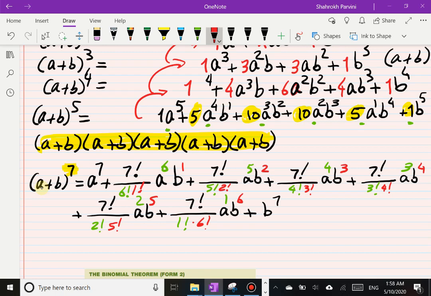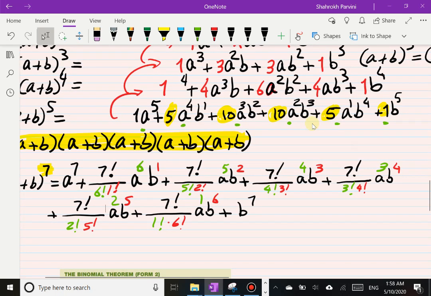Now here's another thing that we observe, going back to a plus b to the 5th. If you look at this expression, 1, 2, 3, 4, 5, 6, right? Look at the middle, split the center.